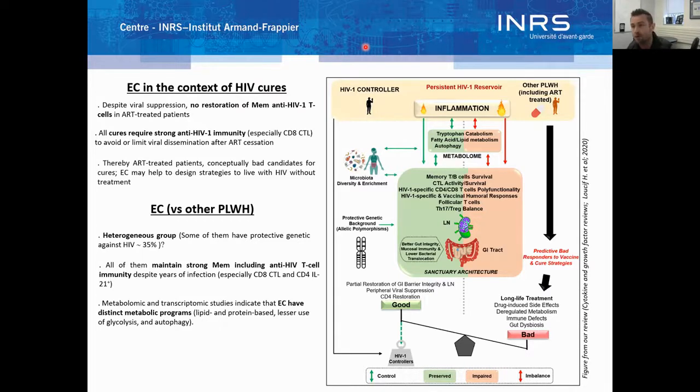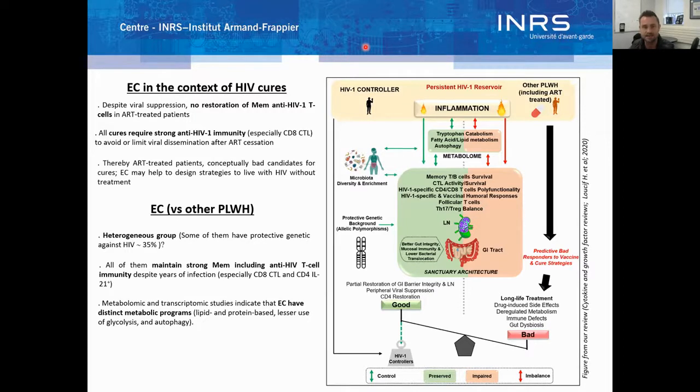And when you take for granted that all the cures on the table today require a strong anti-HIV immunity, especially CD8, to avoid any rebound of the virus once the treatment is stopped, it's easy to grasp that, conceptually speaking, ART-treated patients are probably not the optimal candidates for cures, or at least to ensure successful cures.